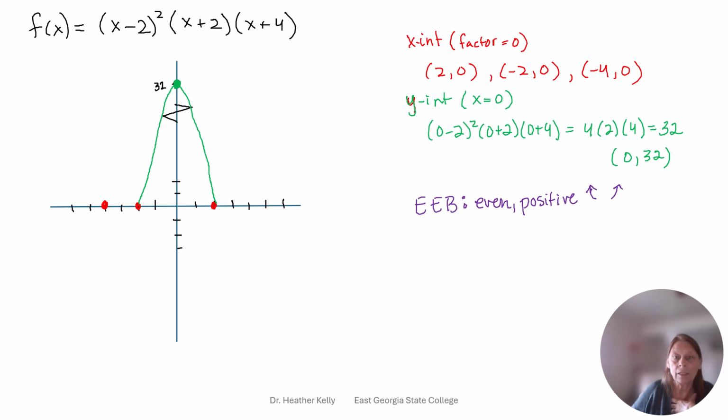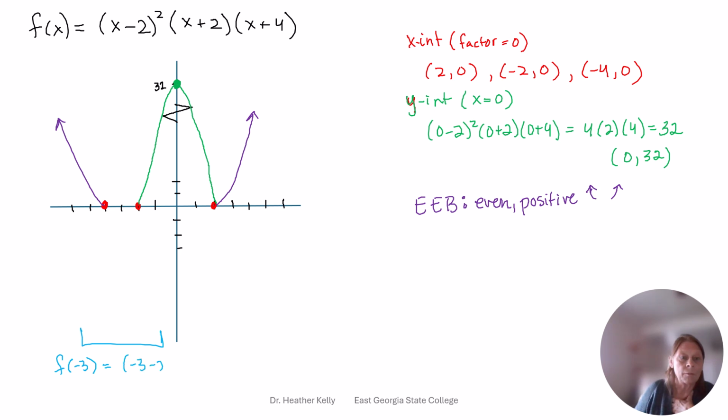And then let's take a look at our end behavior. From our leftmost point, it's going up. From our rightmost point, it's going up. And you can see here that we just need to find out what's happening in this area. So it looks like f of -3 would take care of that.